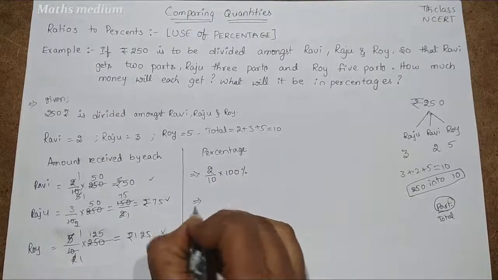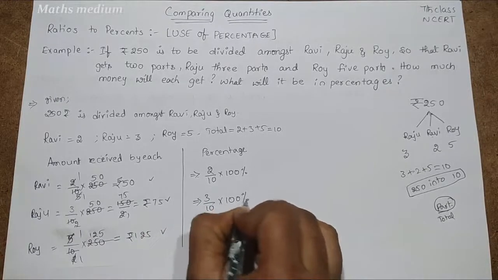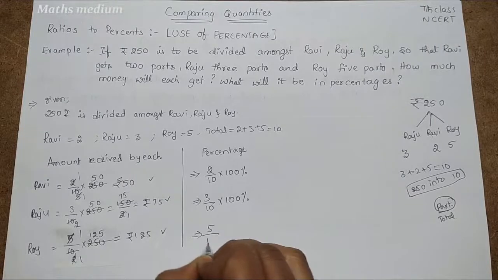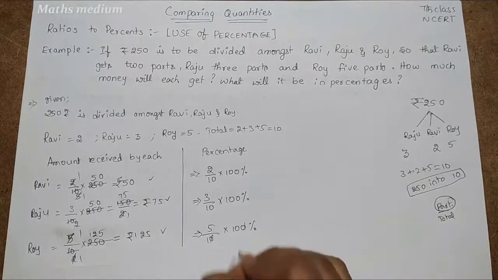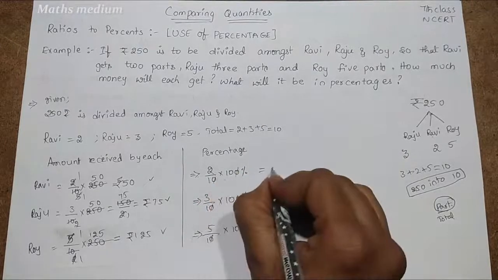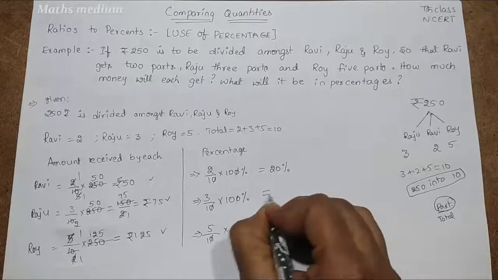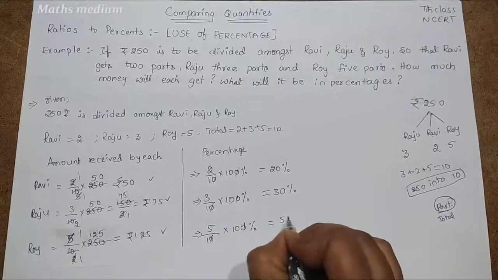Right, here also see 3 by 10 into 100%. Here also 5 by 10 into 100%. Now 0 0 cancel, 0 0 cancel, 0 0 cancel. 2 tens are 20%, 3 tens are 30% and 5 tens are 50%.